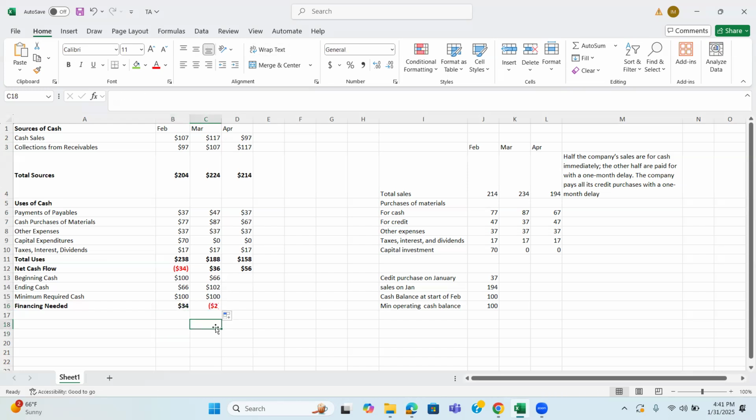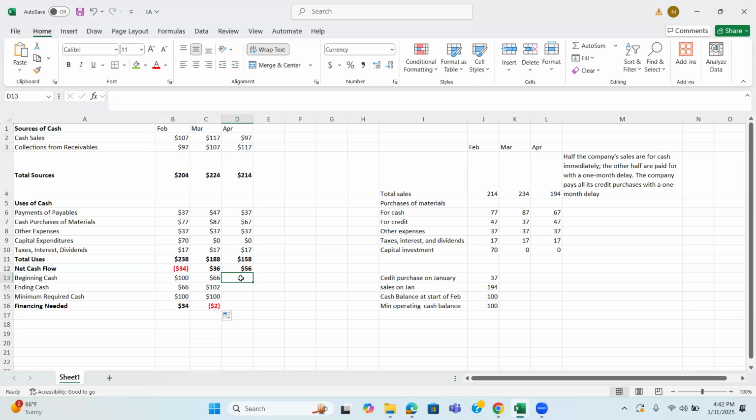So you are basically having an extra $2. Okay, am I going right? Let's check again. Your net cash flow was 36, and you have 66 beginning cash, and thus you have 102. Yeah. Okay. So you have $2 extra, right?